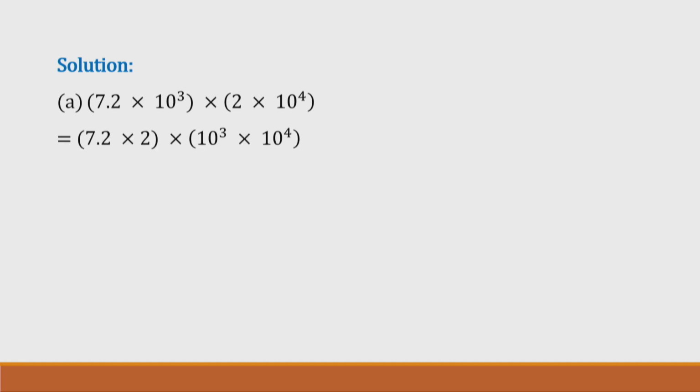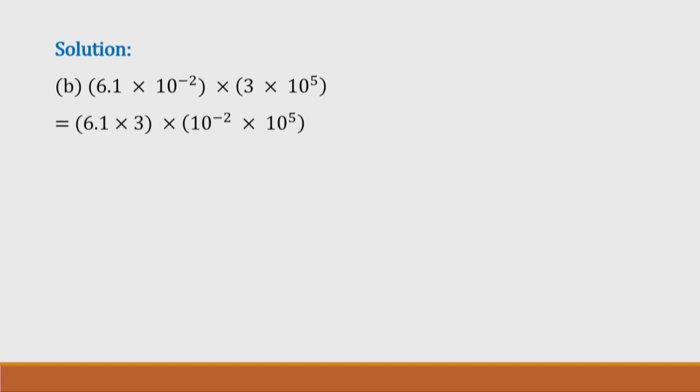I will calculate 7.2 times 2, and I have grouped the two powers together, 10 power 3 times 10 power 4, which will give me 14.4 times 10 power 7. Rewriting in standard form now, 1.44 times 10 power 1 times 10 power 7, which will give me 1.44 times 10 power 8.